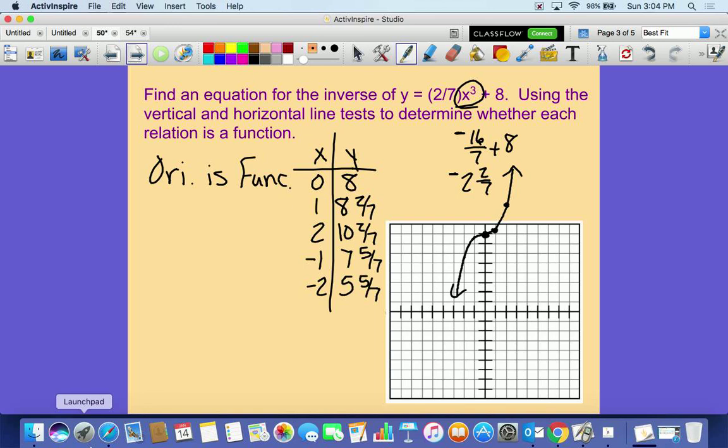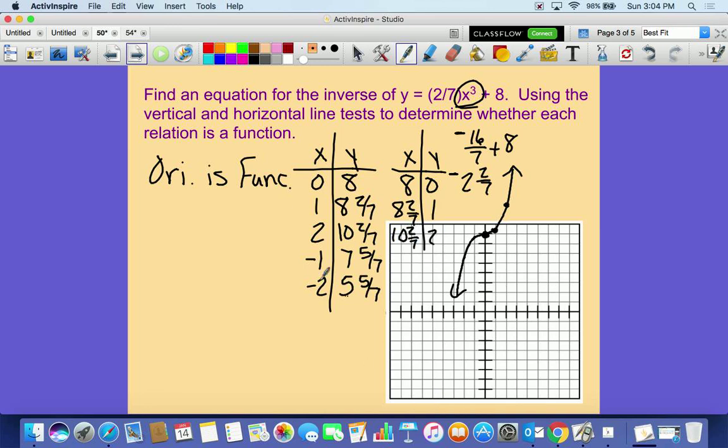Now, how we can do that is, first of all, we've got to find an equation for the inverse of this. Well, we do know what points are here. We have switched the x and the y for all the rest of them, so we can also do that for our points. We started with this 0, 8. It can become 8, 0, and then 8 and 2/7, 1, and 10 and 2/7, 2, and so on.